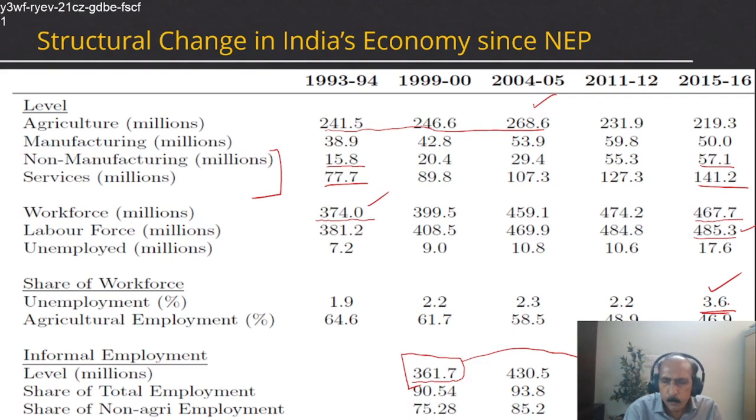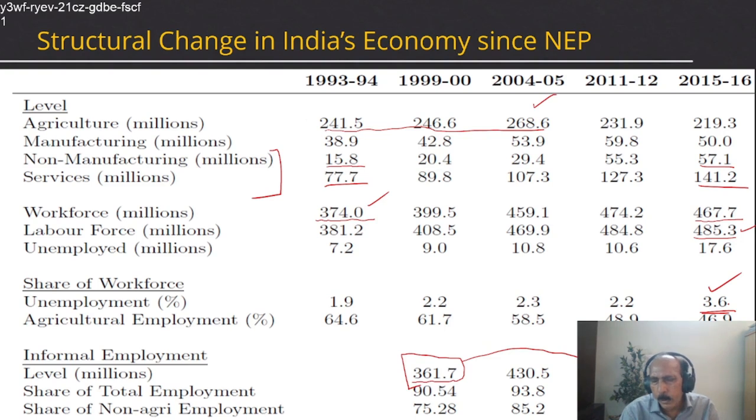And even 5.8% or 5% is not a significant rate as far as unemployment is concerned, meaning thereby that the problem in India is, apart from generating adequate employment opportunities, this other severe problem is the quality of employment.